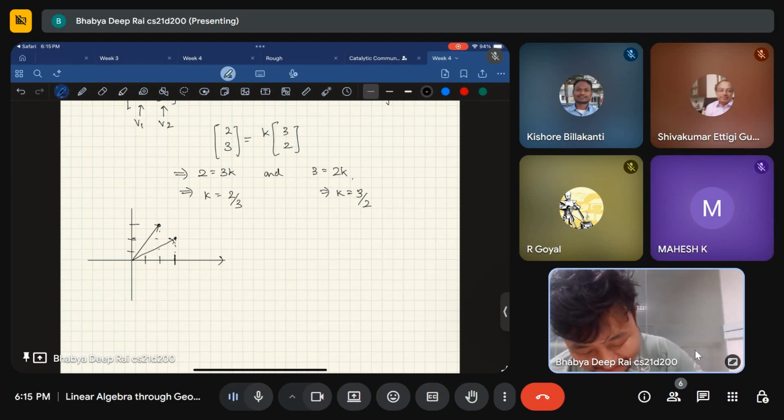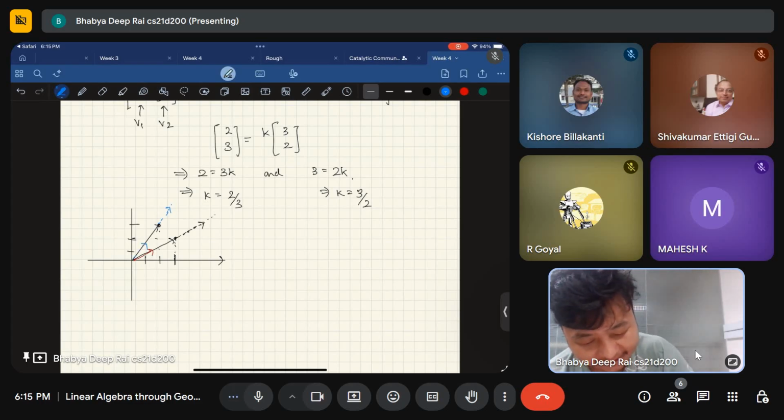So if you multiply this vector by k, it will either be extended to a longer vector in the same direction, or it will be shortened in the same direction. Similarly, if you multiply this by k in one direction, either it will go like this, or if you multiply by a smaller k, it will go here.